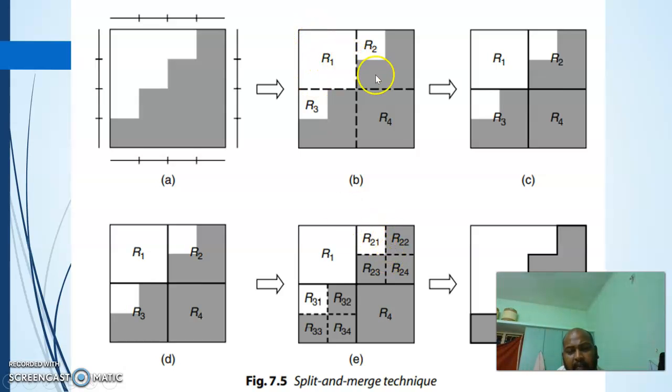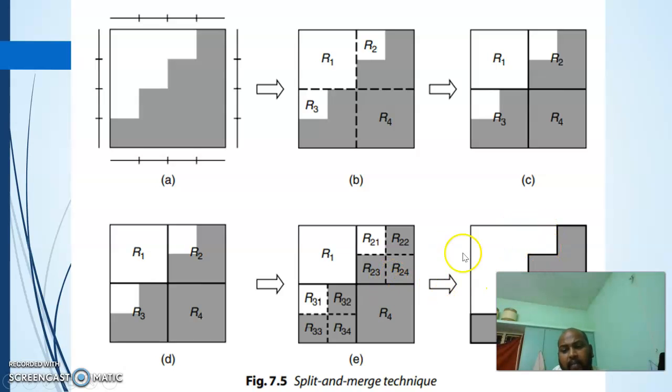Then again we check the quadrants' homogeneity criterion, whether there is variance or not. For R1 and R4, there is no variance, so there is no need for splitting. For R2 and R3, there is some variance in the image pixels, white and black both are there, so they are subjected to splitting again.